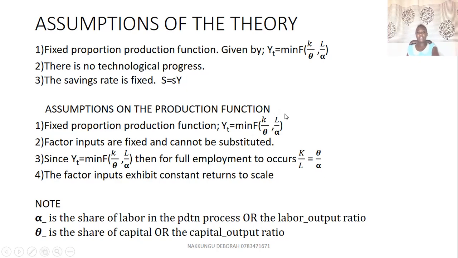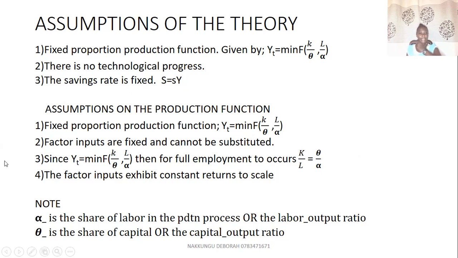Maybe you reduce labor and instead of 50 you use 40, and then you increase capital, so the 10 that you've removed from labor go to capital. No, it's not possible under this production function. Factor inputs are fixed, we cannot substitute amongst them. That's why we have an L-shaped isoquant if we are to represent it graphically. No substitution among these factor inputs.